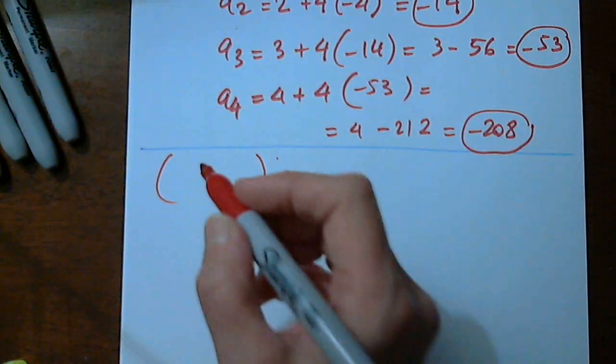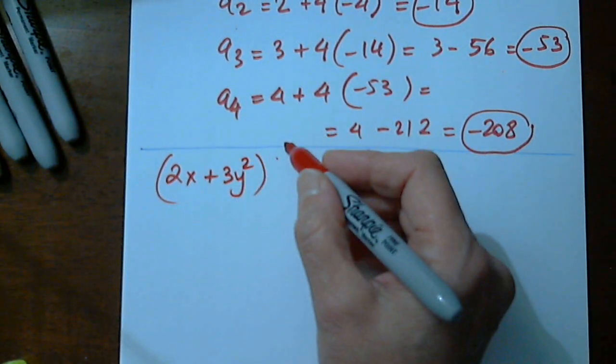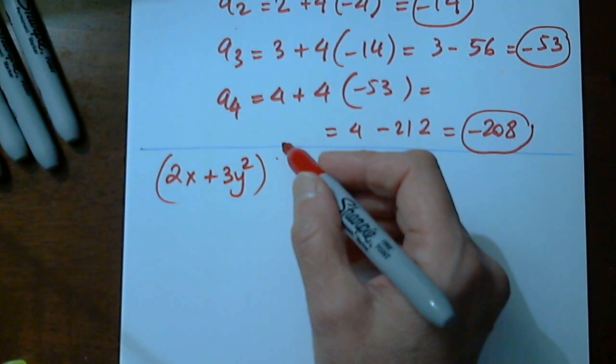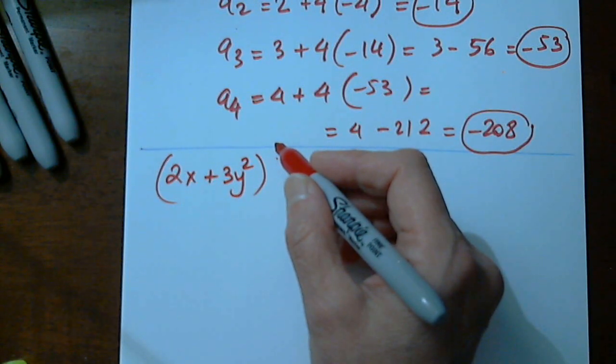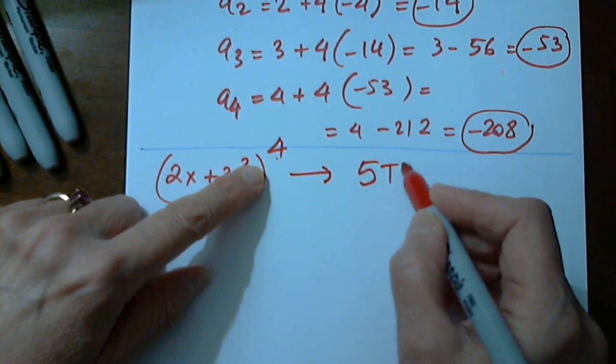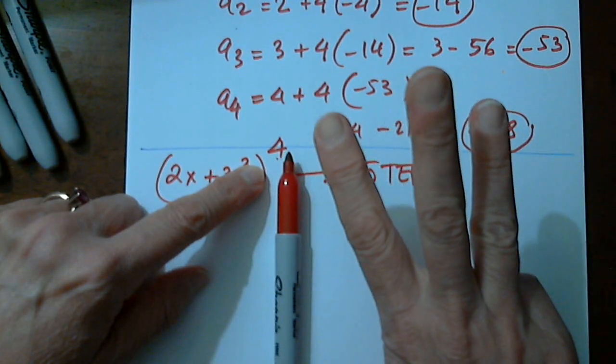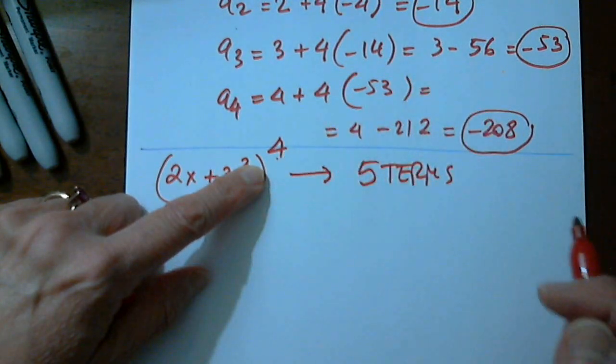Can we do 2x plus 3y squared and then to the power 4? Yes. So remember, if it's power 4, I have to have 5 terms. If it's power 2, binomial, I have to have 3 terms. Good.